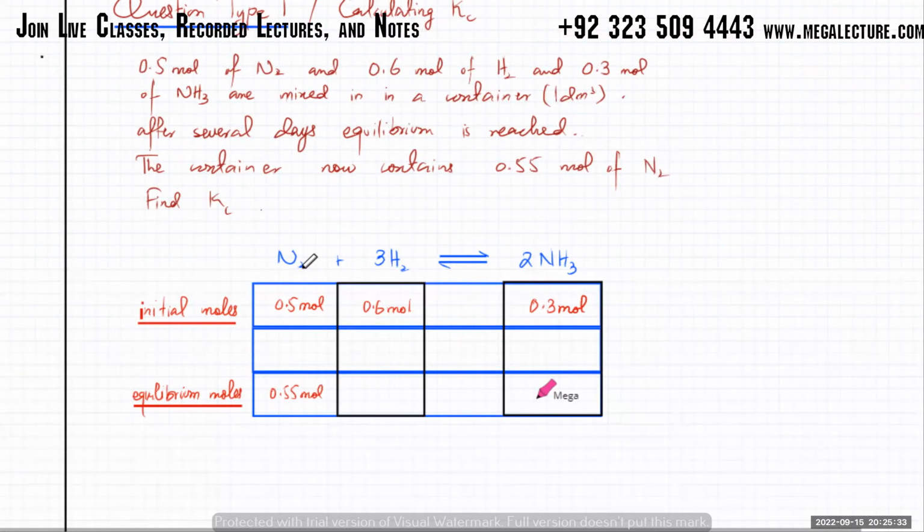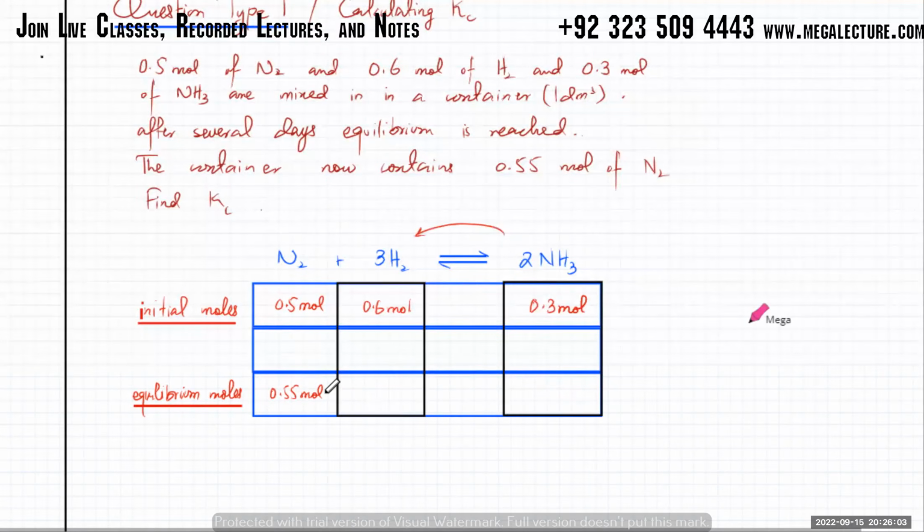So what does that mean? Initially you added 0.5. Now you've got 0.55. So that means there must have been some more backward reaction or forward reaction. If forward, the amount of N2 would have decreased. Backwards. It would have been more backward reaction, right? Because the amount of N2 is actually increasing, right?